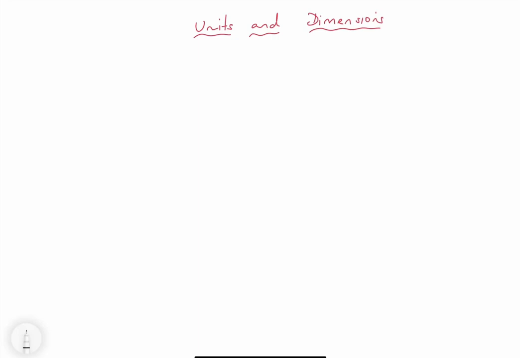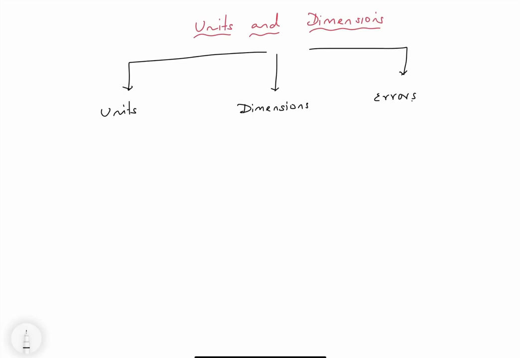In brief, units and dimensions has several parts. First one is about units. The second one, dimensions. The third part is errors, error analysis.